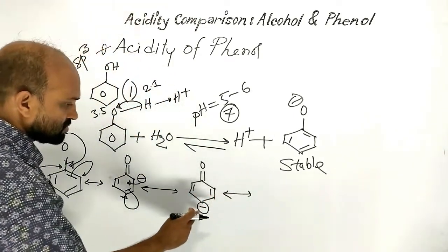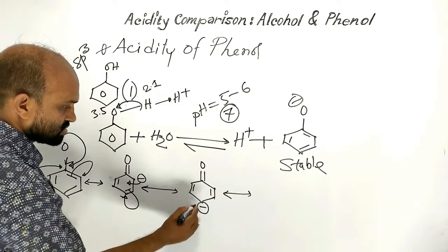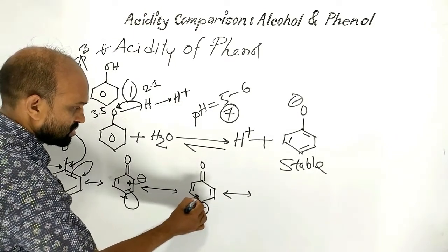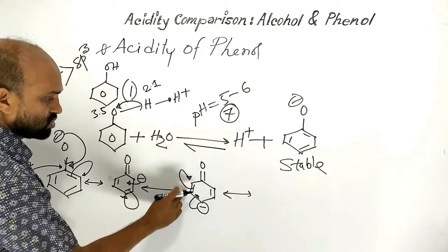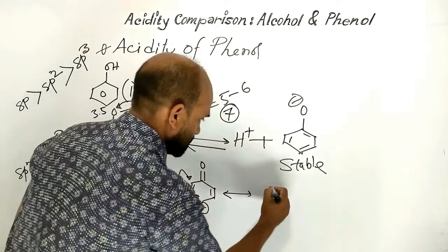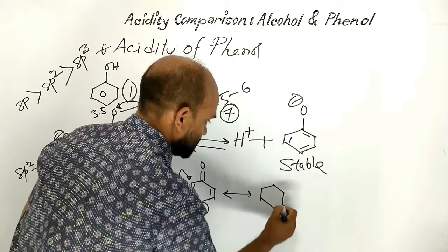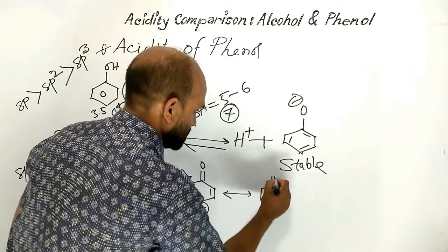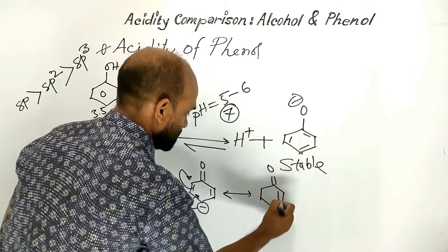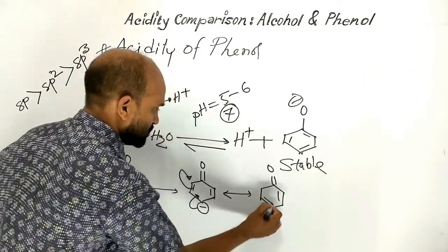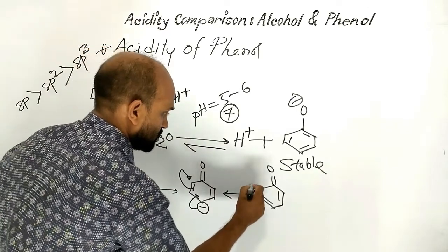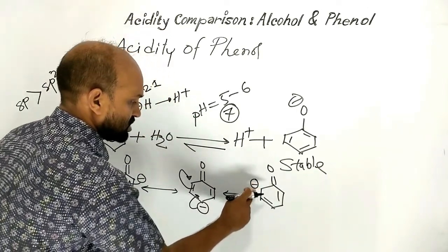Again, these lone pair of electrons turn into bond pair, and this bond pair of electrons turn into lone pair of electrons, and this entity is obtained. Oxygen, here double bond, here double bond is formed. This ortho carbon gets electronically rich.